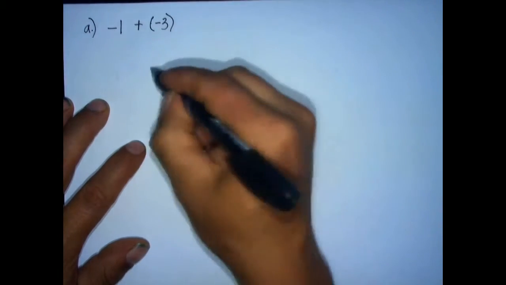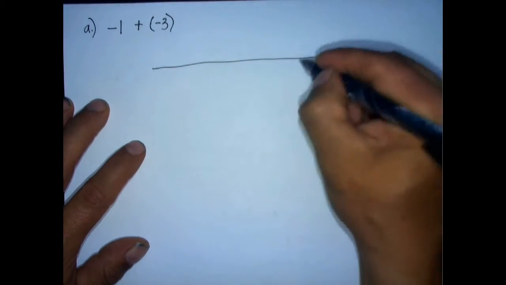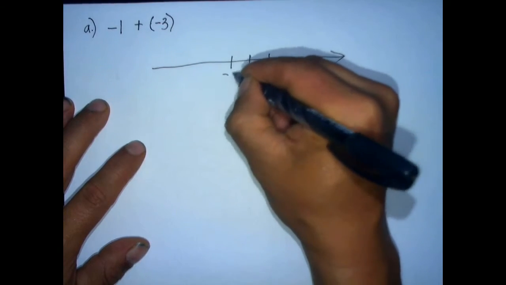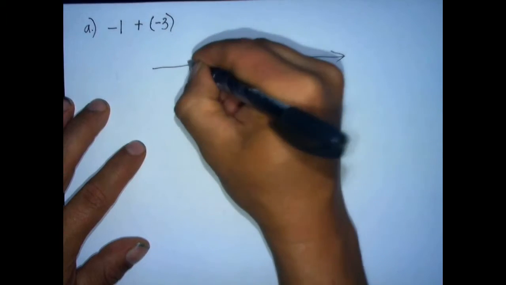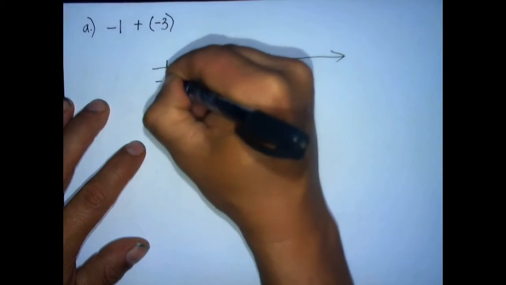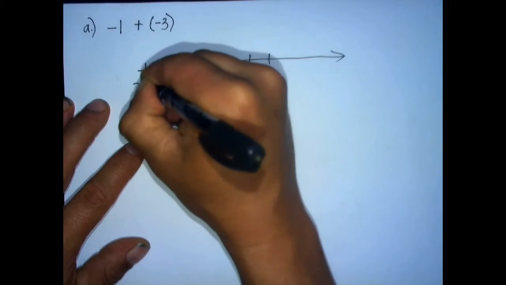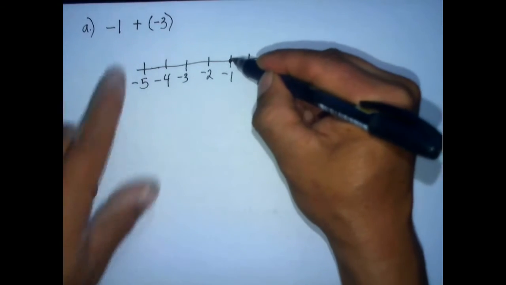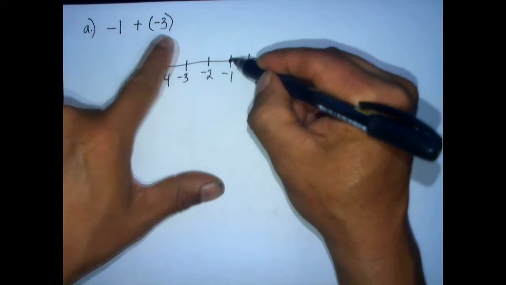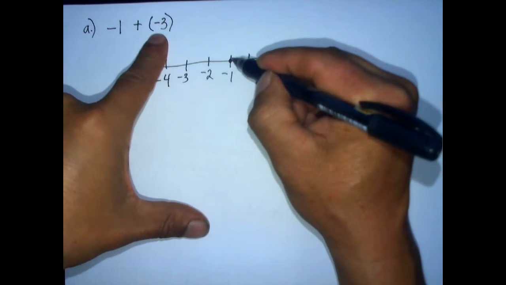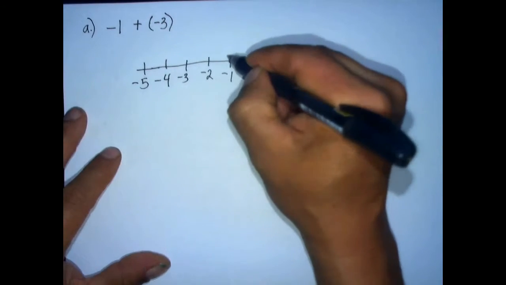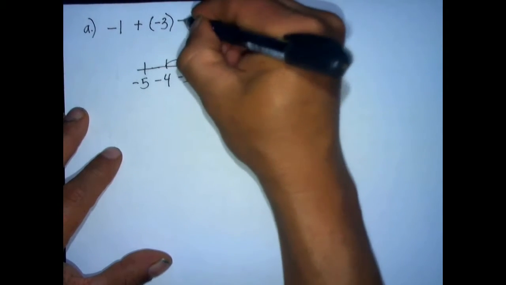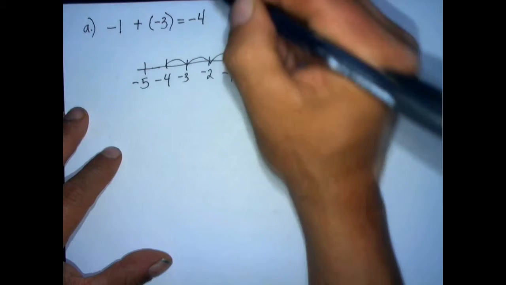Negative 1 plus negative 3. Okay, so we got our number line. We start at negative 1. It's plus, so we're going to move 3 units to the left. So that's 1, 2, 3. So negative 1 plus negative 3 is negative 4.